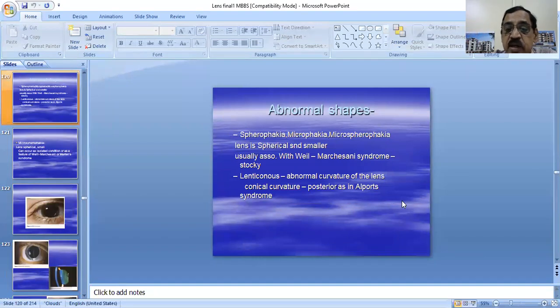And spherophakia, microspherophakia of the lens, all these things occur. Here the lens is spherical and smaller, and usually associated with Weill-Marchesani syndrome. And lenticonus is an abnormal conical curvature, lenticonus anterior and posterior. Posterior is seen with Alport syndrome.